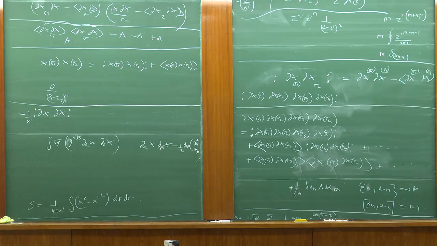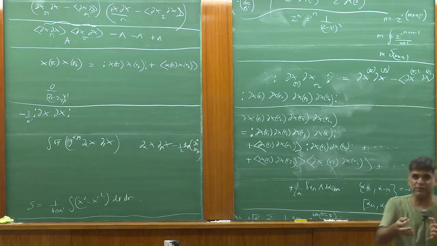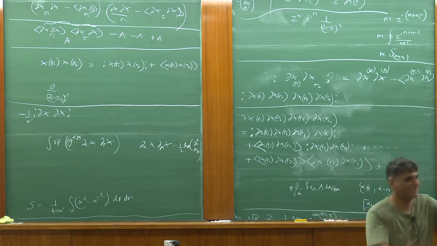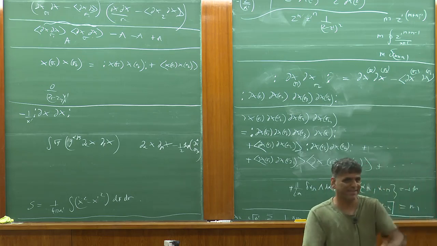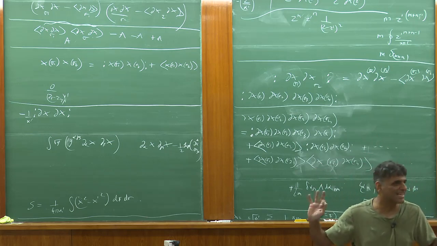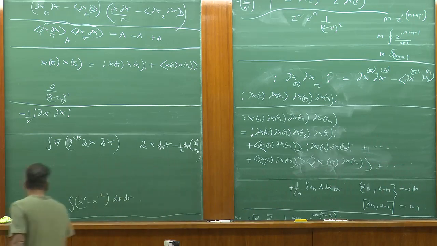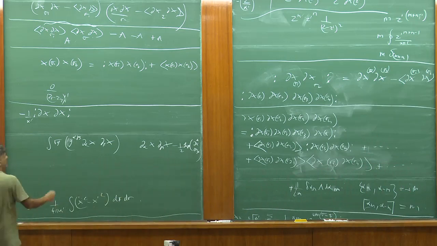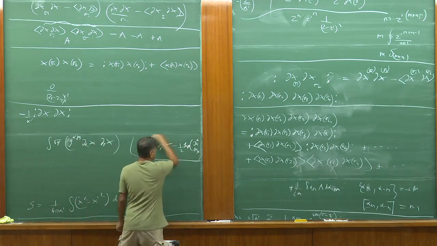I'm using this famous formula for variation of the determinant of an object, which is g inverse times delta g. And determinant, if you increase g inverse, you're decreasing g, that's the minus. Is this clear? If you let me go on, we'll. Okay, good. So the stress tensor is this.